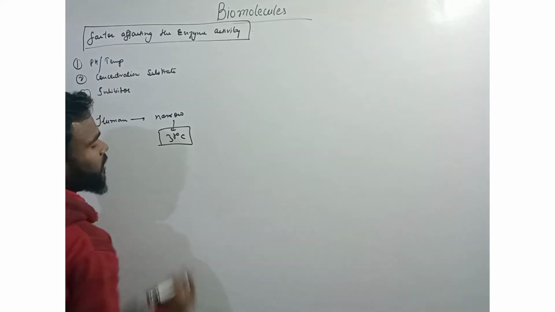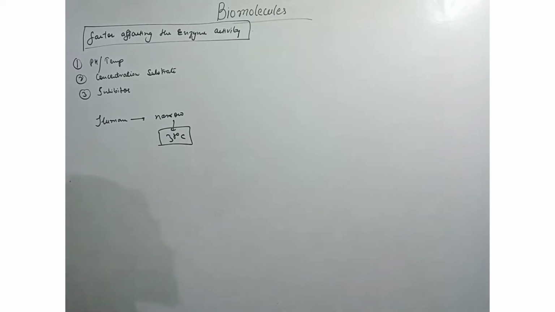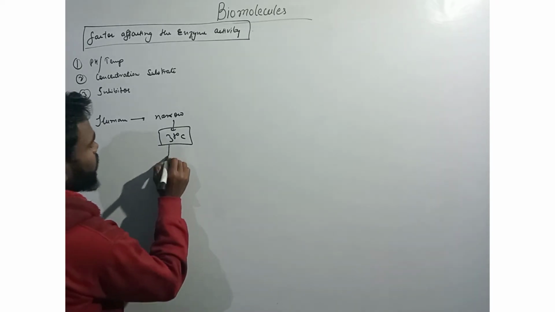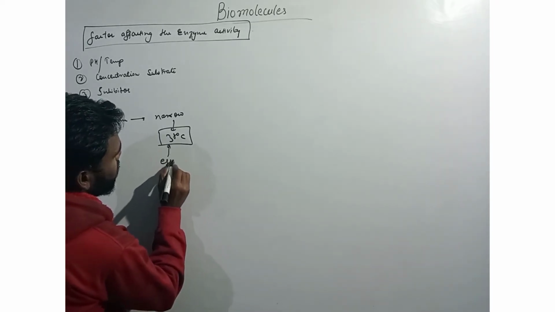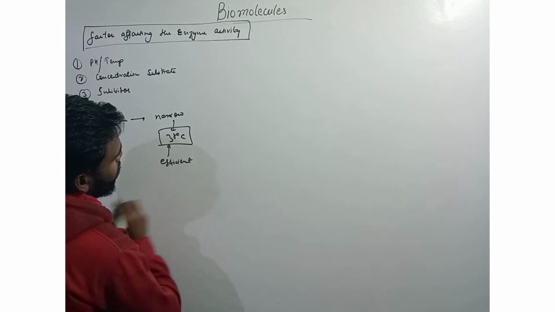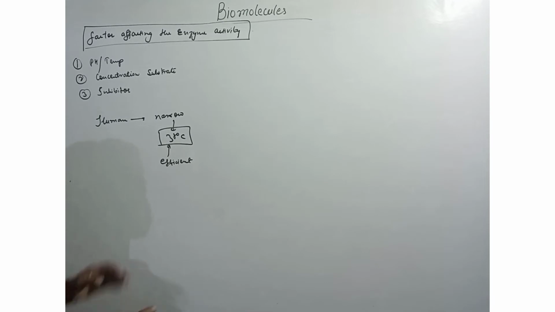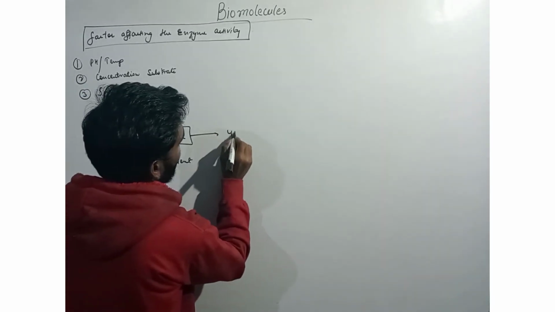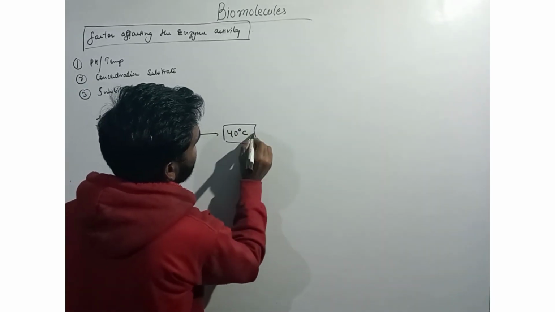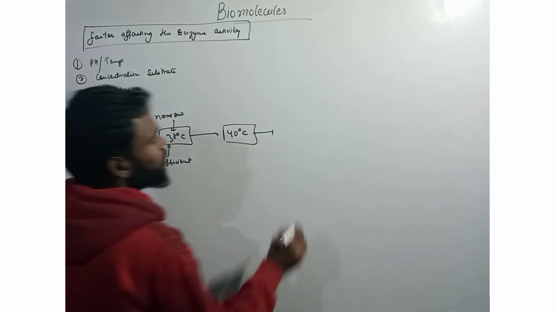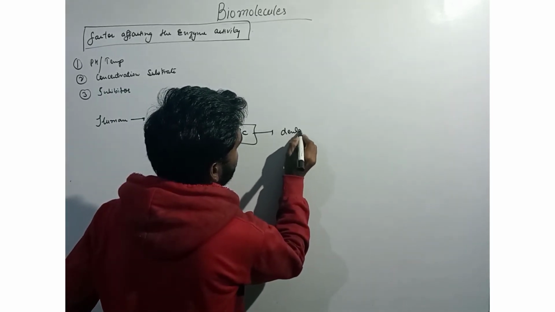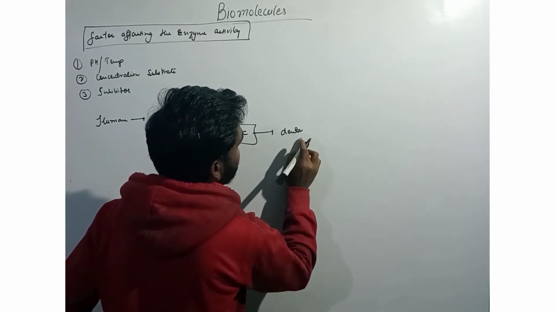This is the normal body temperature in which the enzymes work very efficiently. Please remember, at 37 degrees Celsius it works very efficiently. But when we increase it to more than 40 degrees Celsius, then the enzymes will denature. Please remember, enzymes will denature.